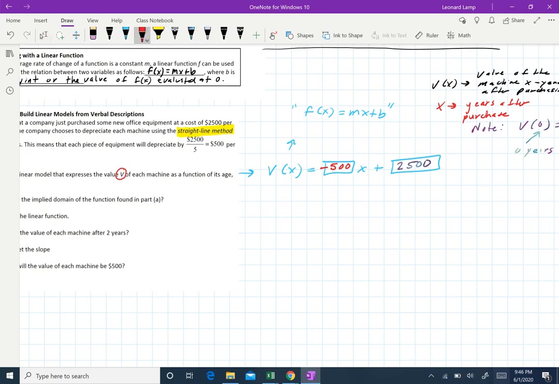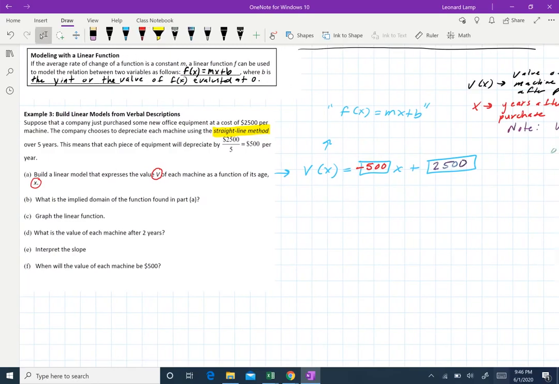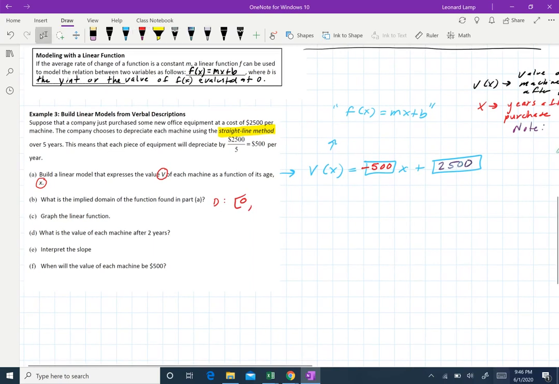We're not considering years before you thought about purchasing this thing. So your implied domain, D, starts at 0, and then it depreciates over the next 5 years, which makes sense because after 5 years, it's basically worthless. If you substitute in 5 for X, 5 times 500 is 2,500, so it's worth nothing after the 5 years. So your implied domain is from 0 to 5.